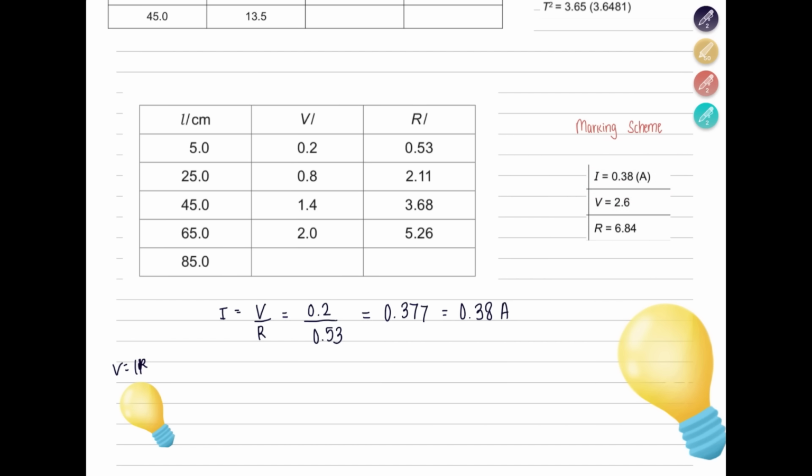Now we can find our voltage. When you have a table like this, you will make sure that your values are uniform. So this is going to be 2.6 and this is going to be 6.84. This one has 2 significant figures like the previous voltage values, and this one has 3 significant figures based on the previous voltage values.